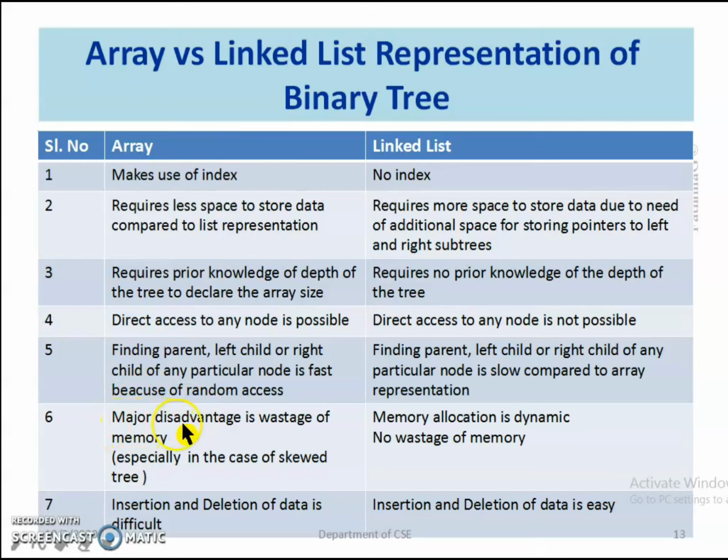Next, the major disadvantage is wastage of memory, especially in the case of skewed tree. Whereas in the linked list representation, the memory allocation is dynamic, so there is no wastage of memory. Next, the insertion and deletion of data is difficult in array representation, whereas these operations are easy in the linked list representation.